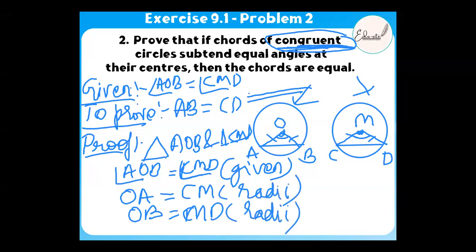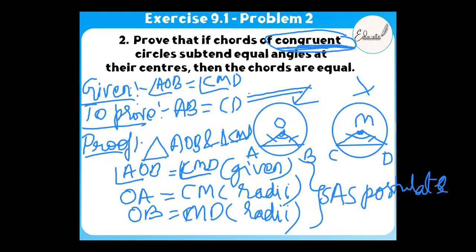So which theorem can we apply here? Postulate. Which postulate did we apply here, beta? SAS. Yes, because of the side-angle-side postulate we can prove it. What did we prove here? Triangle AOB is congruent to triangle CMD.